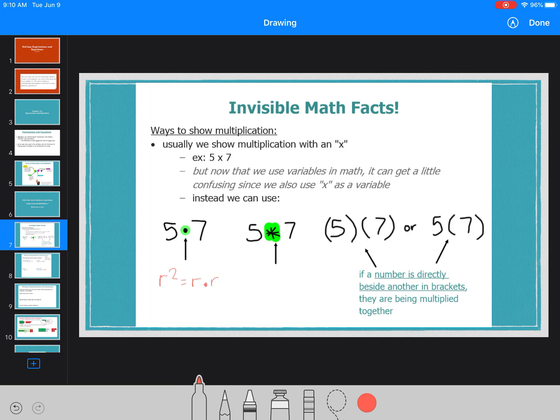You can also use what is called an asterisk, which is the little star if you're thinking about a keyboard. And you can also use brackets. So when you see brackets around both numbers or around only one number, that means that they're being multiplied together. Okay, so think dot, asterisk, brackets, multiplication.